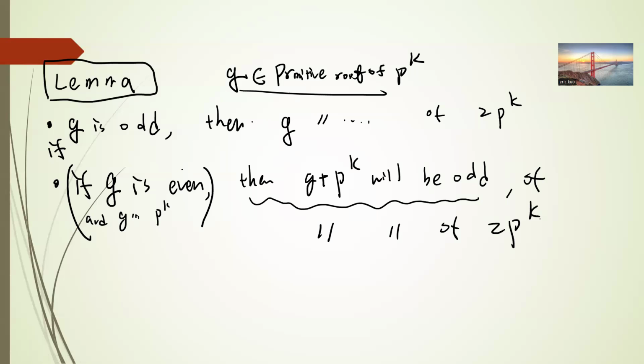This is the main theorem we are going to prove. If we have these two, then we show that there is a primitive root of 2P^K.